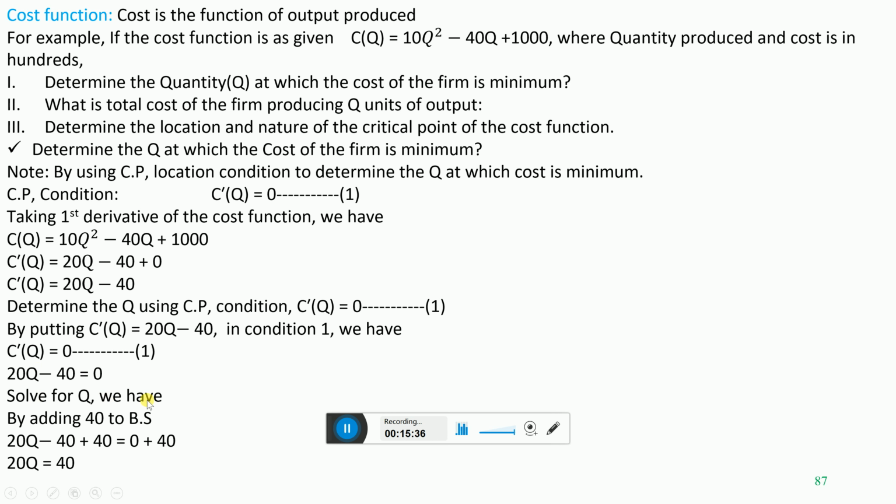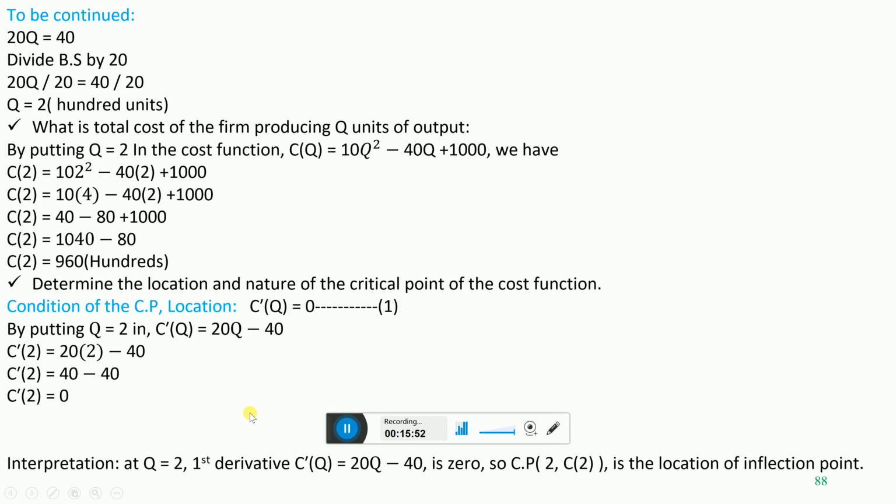Solve for Q. We transfer 40 to the other side, so we add 40 to both sides. 20Q minus 40 plus 40, 0 plus 40: minus 40 cancels out with plus 40, and 0 plus 40 is equal to 40. 20Q is equal to 40. We are looking for Q, so divide both sides by 20. 20Q by 20 is equal to 40 by 20, and 20 cancels out with 20.